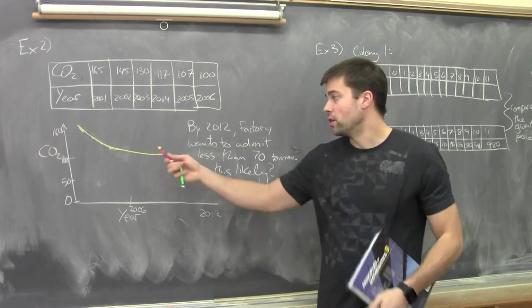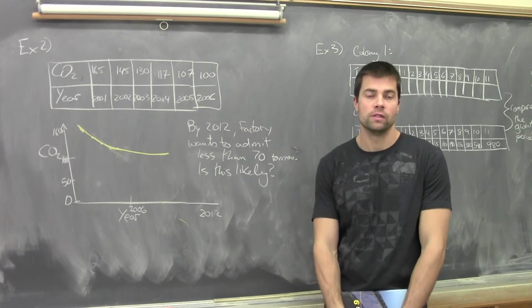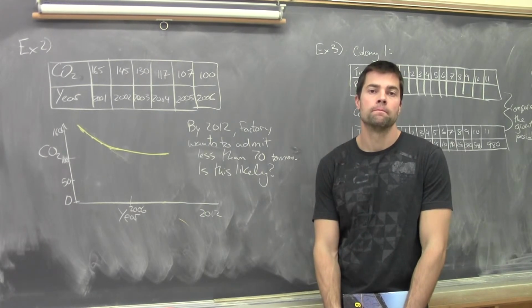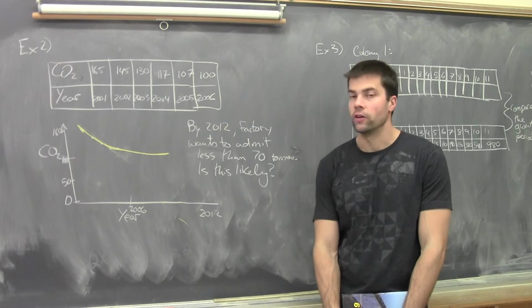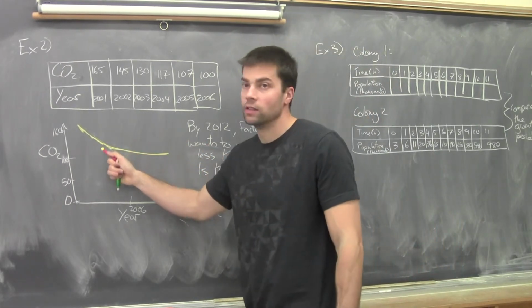However, you can't say that they can't change their technology and have the emissions keep decreasing, right? Good. Yeah. Would you ever give us data and then ask if we should use a curve or line of best fit? Yeah, I could, but I would give you more clear data than this.